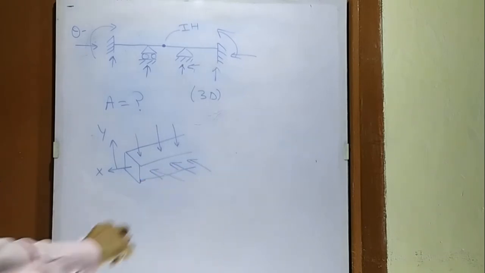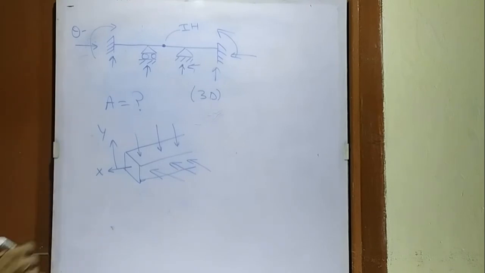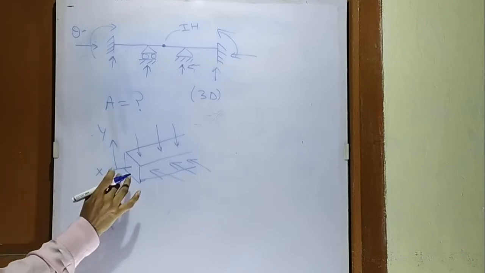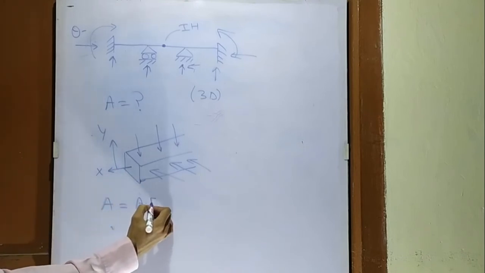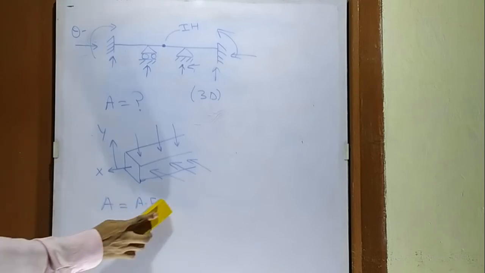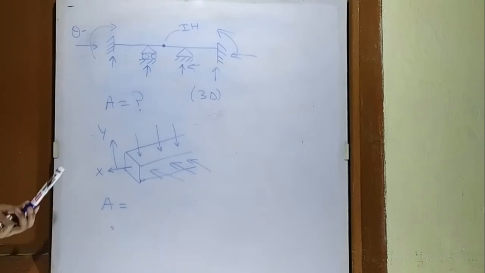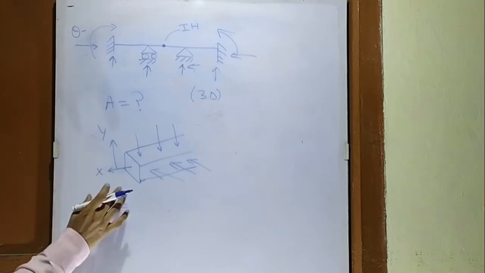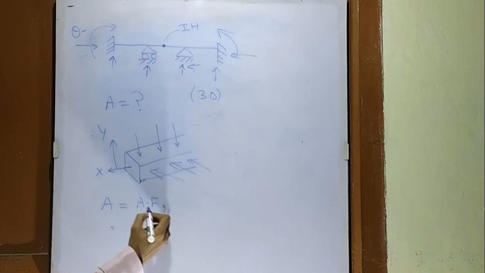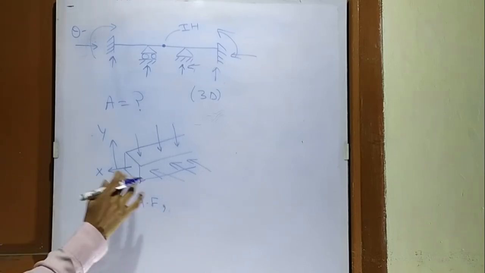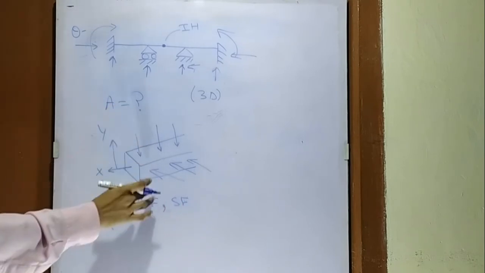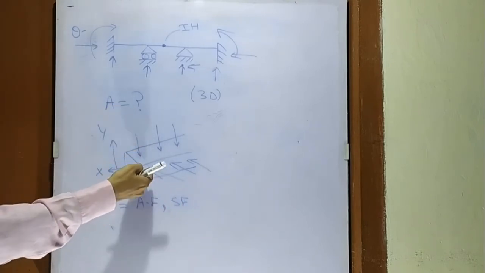So the value of A will be: there will be only one axial force. There will be two shear forces, because the loading may act in the vertical direction and it may act in the horizontal direction like this.